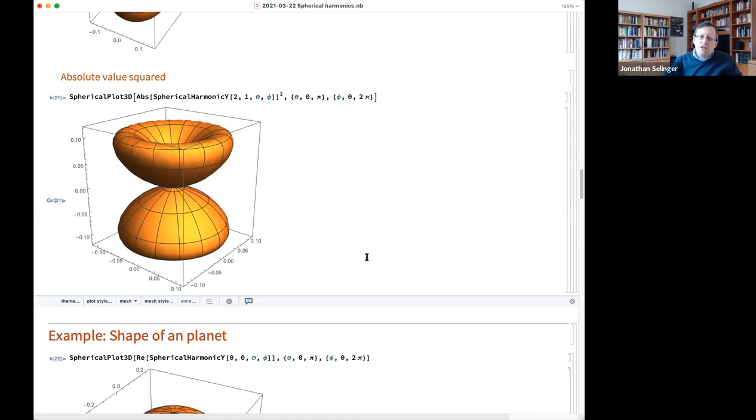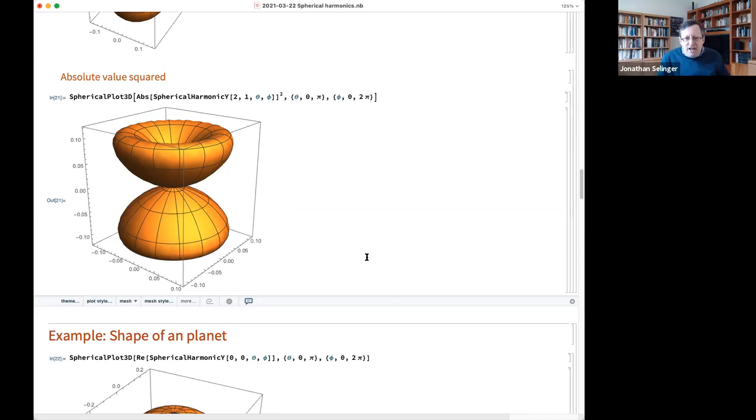Okay, so just to pick one example of that, suppose you're an astronomer and you discover a new planet or asteroid or something. And so then you want to tell people what's the shape of your planet. And so you might say, well, it's mostly a sphere, but it's a little bit distorted from a sphere.